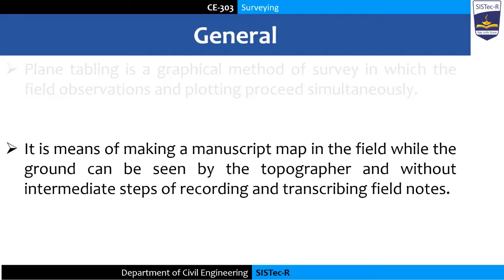So how is plane table different? In the last two methods that we saw, chain surveying and compass surveying, first we do the survey in the field and collect some data. Then the collected data is brought to the office and we do some work: in compass surveying we calculated the included angles, and in chain surveying we corrected some errors.